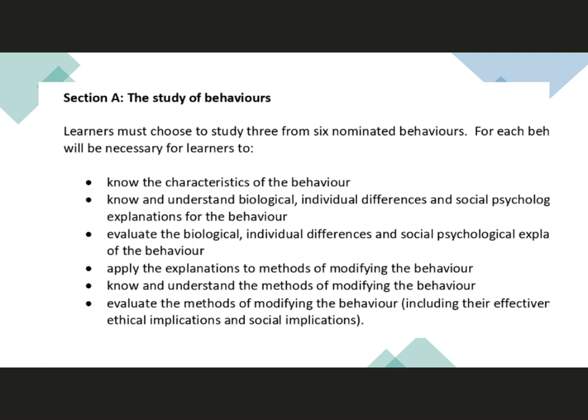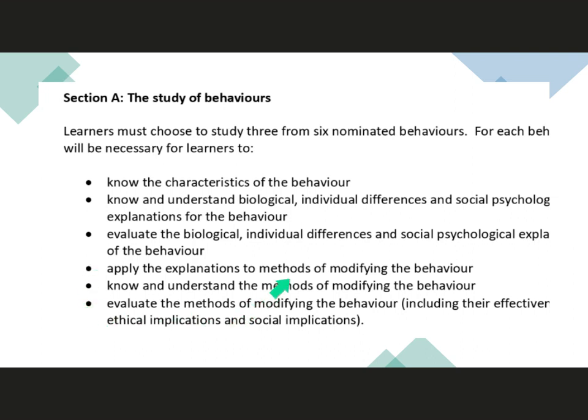So you will have to know the characteristics of the behaviour, understand the biological, individual, social explanations for the behaviour, and evaluate all of those, as well as understanding and being able to explain and apply the methods of modification for the behaviour and to evaluate these.